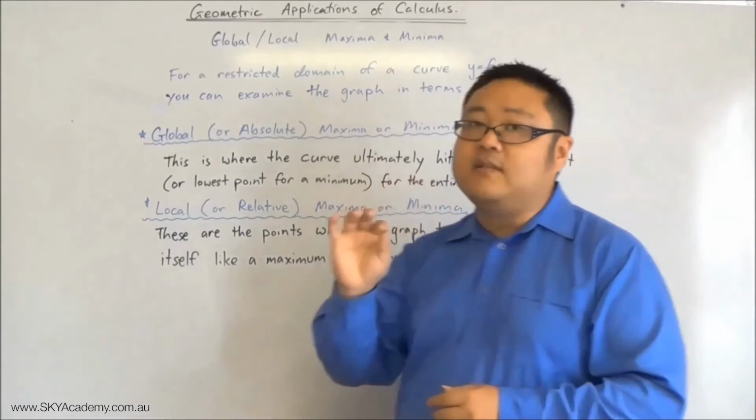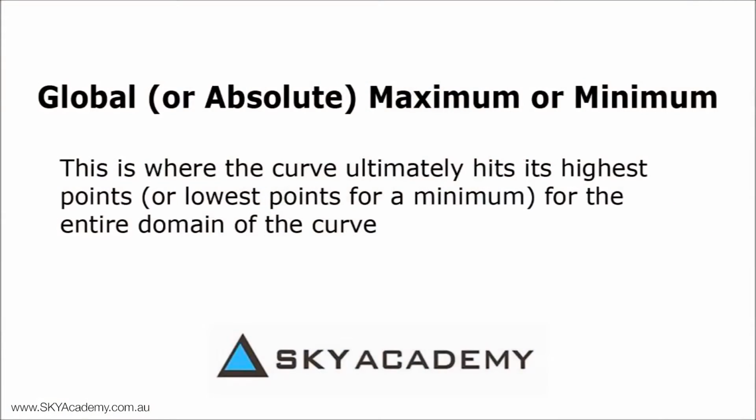And basically the difference is this. A global maximum minimum is where the curve ultimately hits its highest point, or its lowest point if it's a minimum, for the entire bandwidth, for the entire domain.